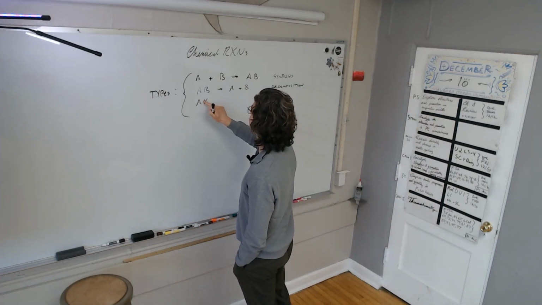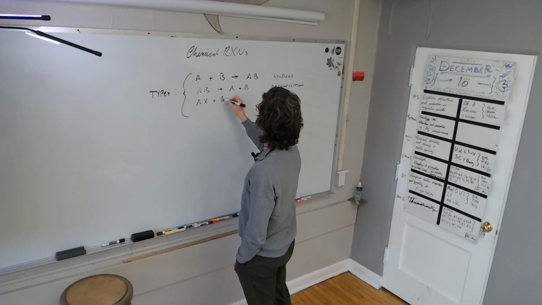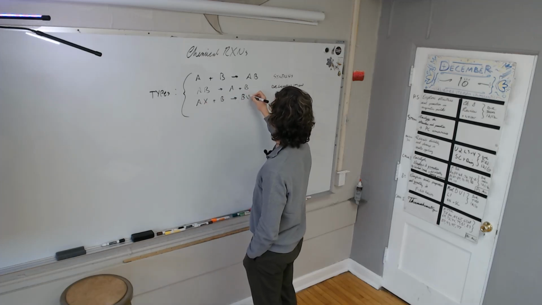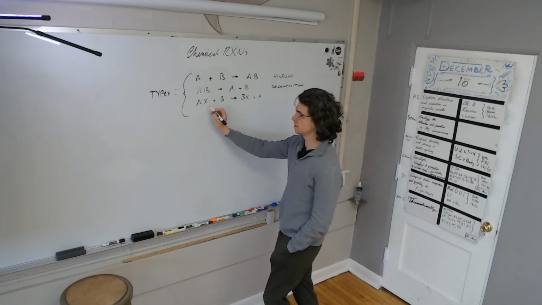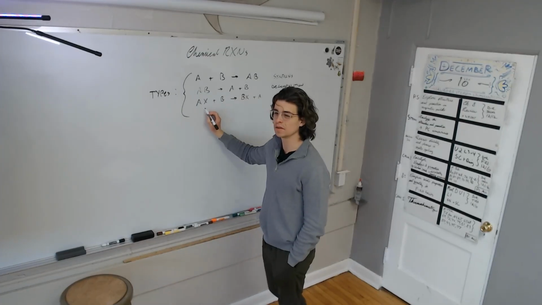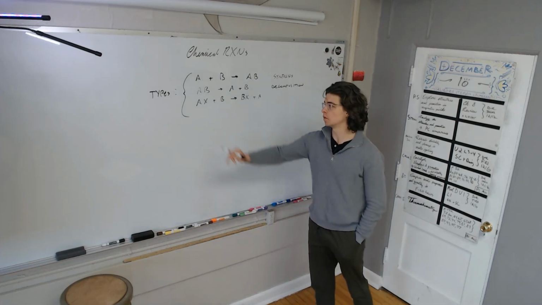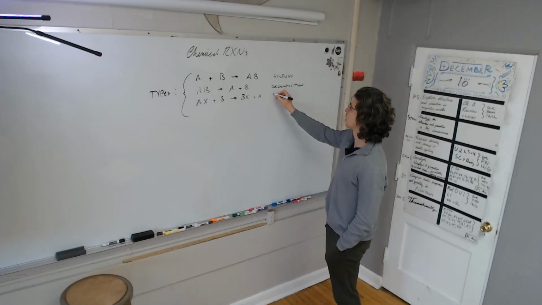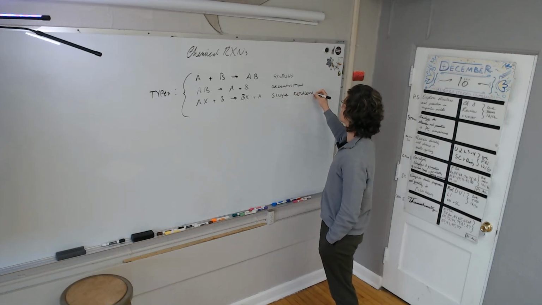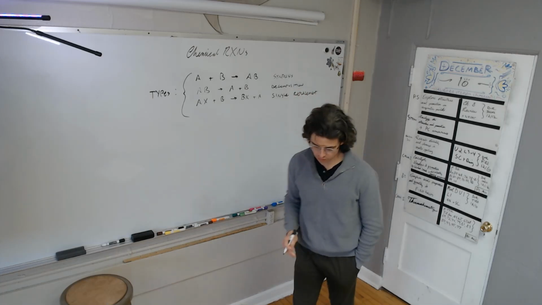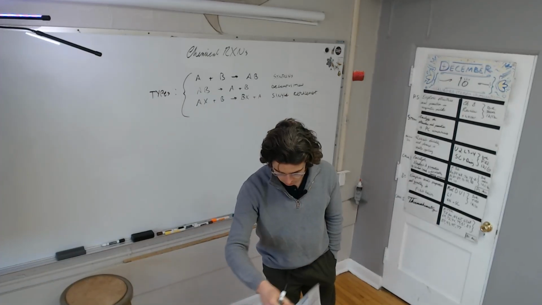Another type, AX plus B yields BX plus A, where the X has switched partners. The X is either cations or anions, but in the way I've written it is anion. This is called a single replacement. One thing has been replaced. Sometimes this is also called single displacement. I forget which one your book uses.